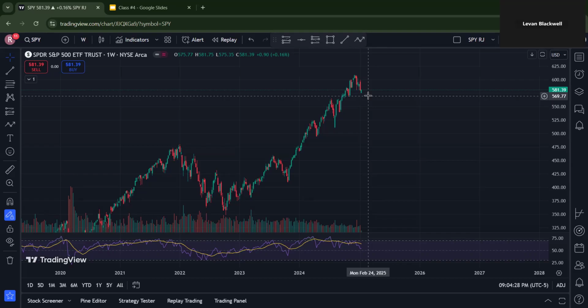Quick question, OJ. You spoke about it earlier, given the overall choppiness and that we're possibly heading into a bear market. As far as swing trading, the larger the time frame, the bigger the move.